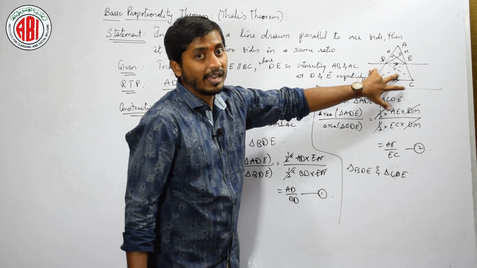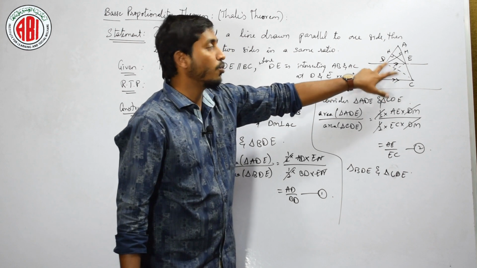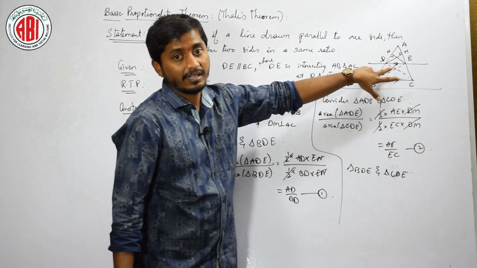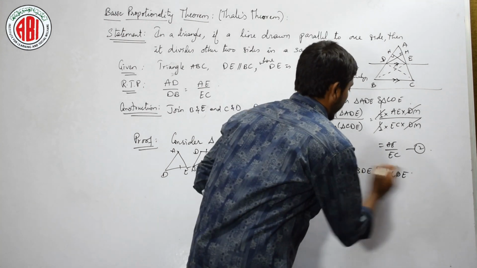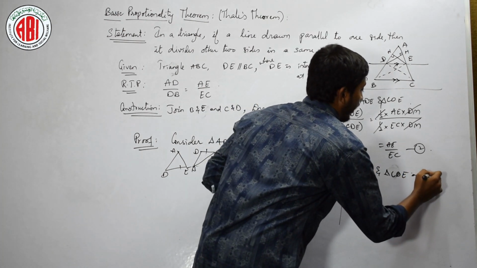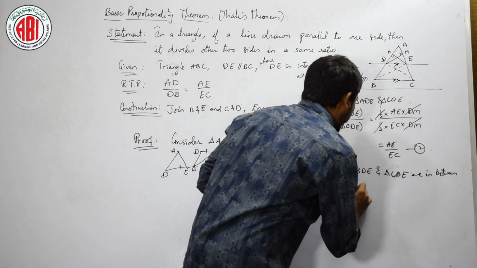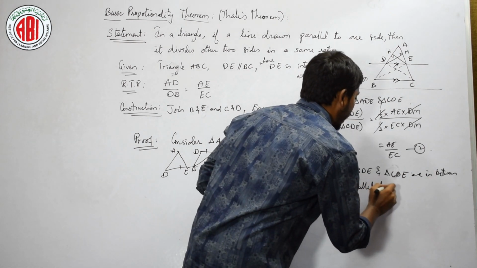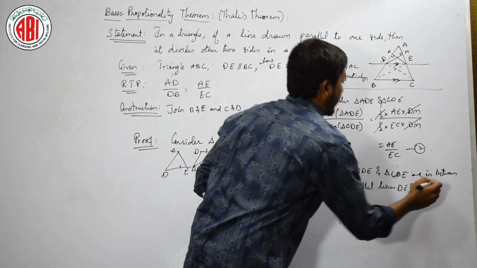If you observe in that, we can see that these are two triangles between two parallel lines, isn't it? Which means triangle BDE and triangle CDE are in between parallel lines DE and BC.